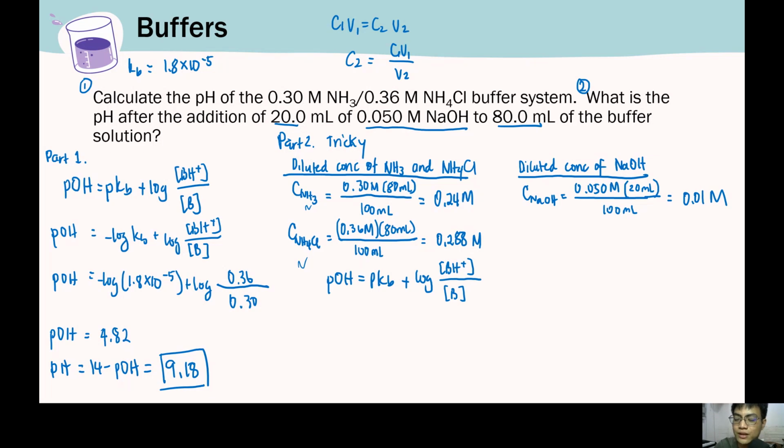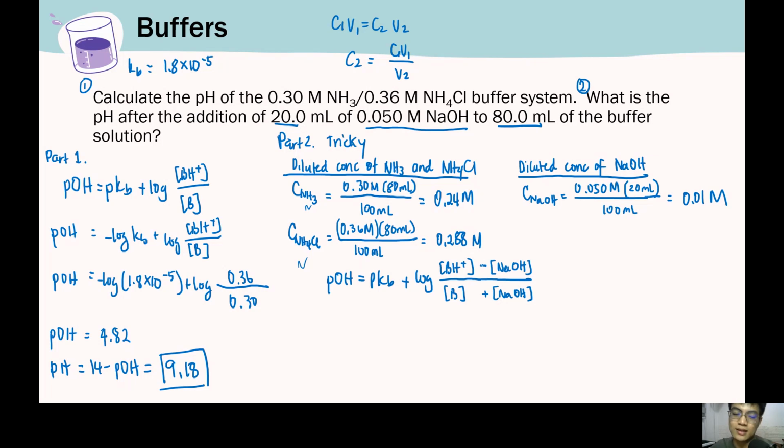So, how will we show that in our problem? So we can show that in our problem by doing this. So, yung ating conjugate acid, mababawasan yan. So, bawasan natin siya ng concentration ng NaOH. And then yung base, madadagdagan siya ng concentration ng NaOH.